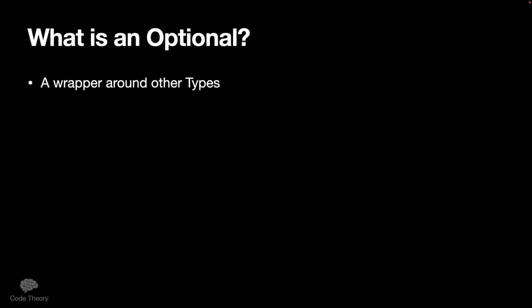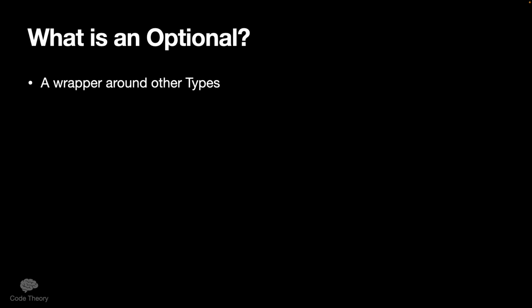Optional is a wrapper that is placed around a particular type. And later on, when we talk about enums, I will show you how the optional type is implemented using enums in Swift. But for now, all you need to know is that it is a wrapper that you can place around every single type in Swift, including the types that you create.